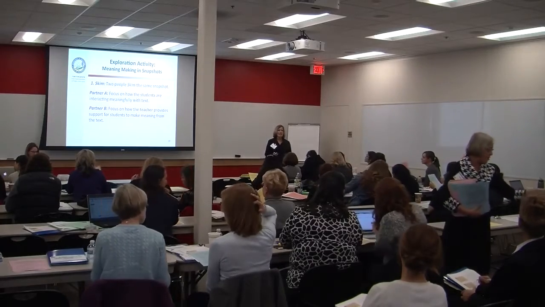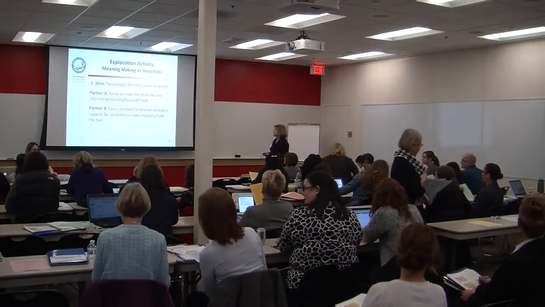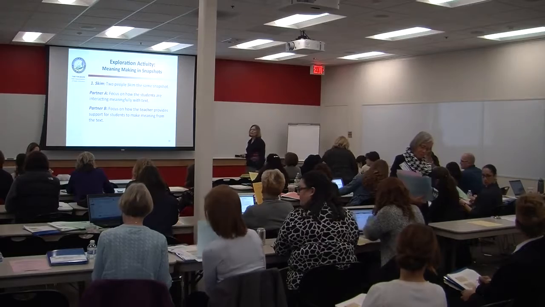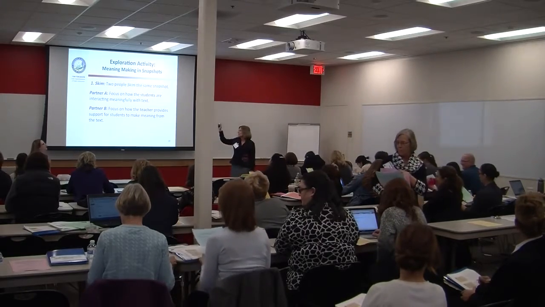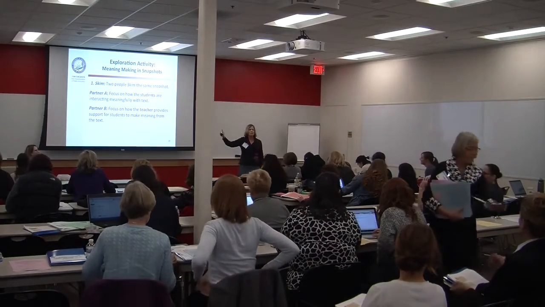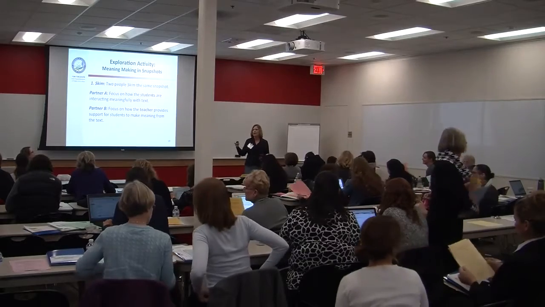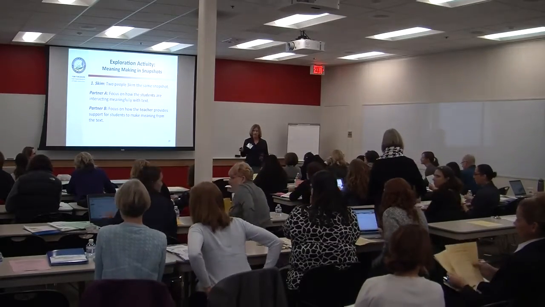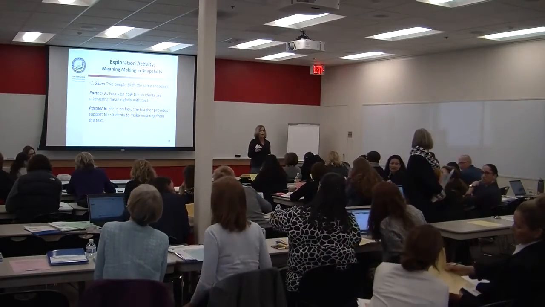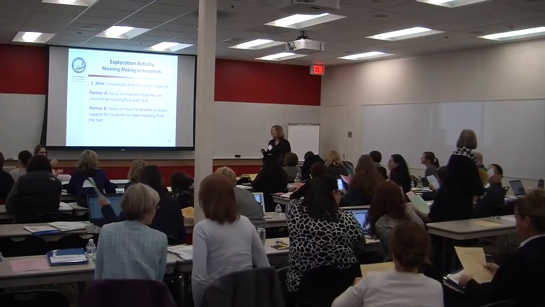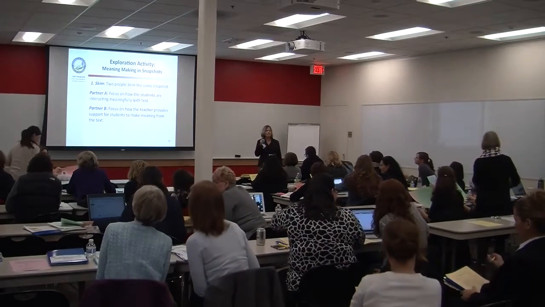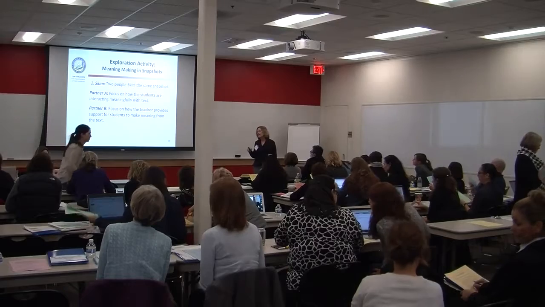One of you is A, one of you is B, and you are skimming the same thing, but looking for different things, just like you did in the house activity. But instead of robbers and buyers, A is focusing on what the student is doing to make meaning.